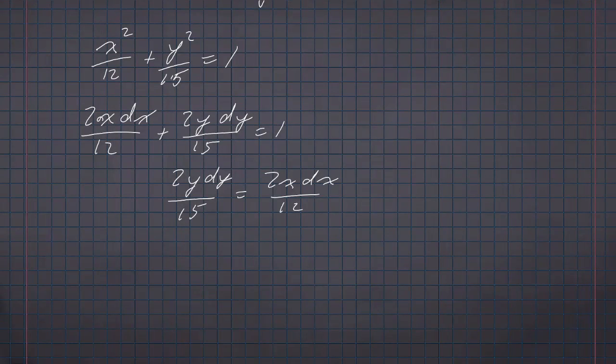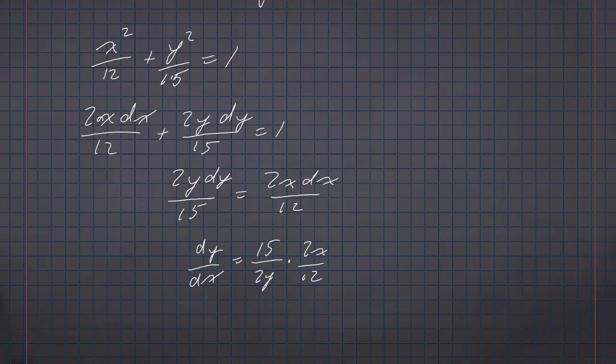And I can divide by 2y over 15, and I can also divide by dx to get that dy over dx is 15 over 2y times 2x over 12.